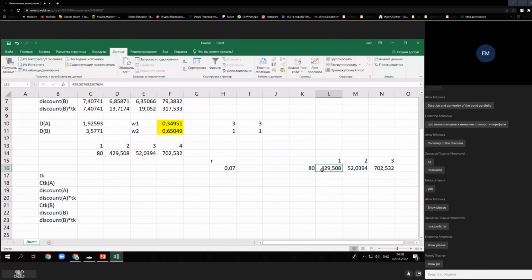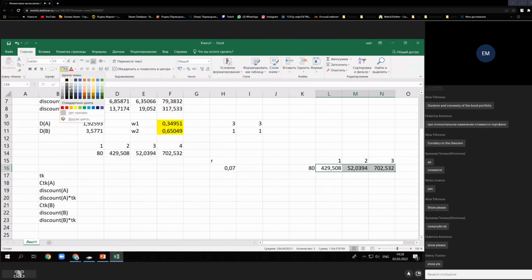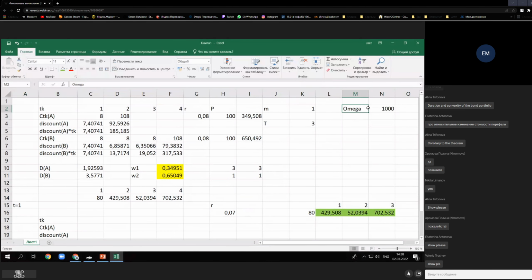At this moment, this part will represent future payments, and this payment we will get at this time moment. So here t is equal to 1, in 1 year after the beginning of the investment. Let's calculate the sum which we will get instead of omega. At the initial moment of time, we had invested 1,000 of money.